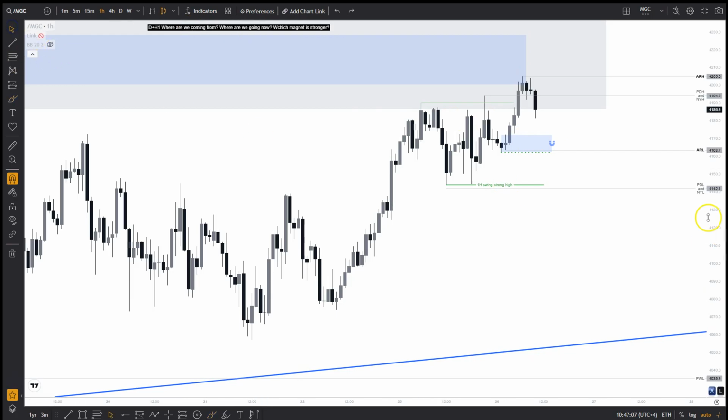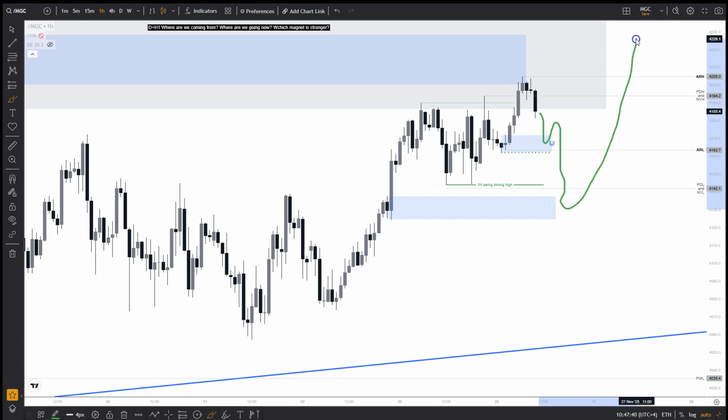So for bears, it looks better for sellers. So we have first demand, then we have liquidity pool and demand before we can go higher.